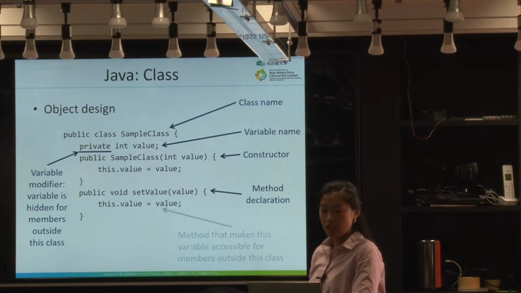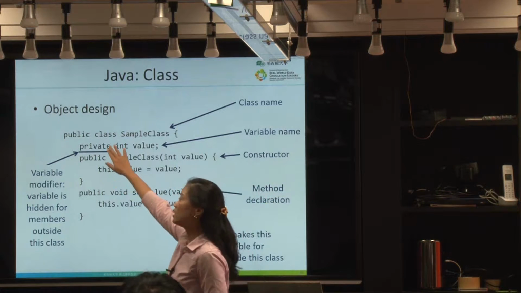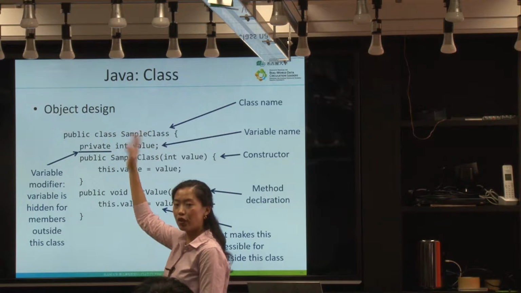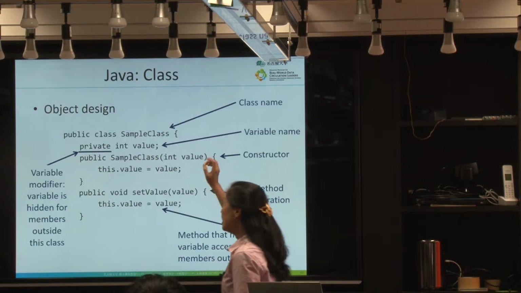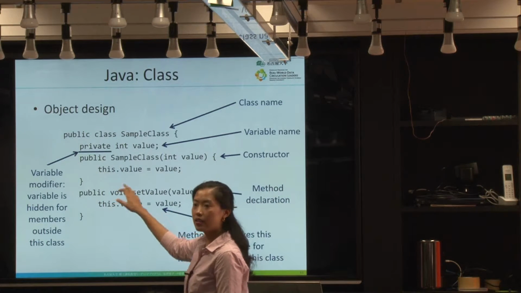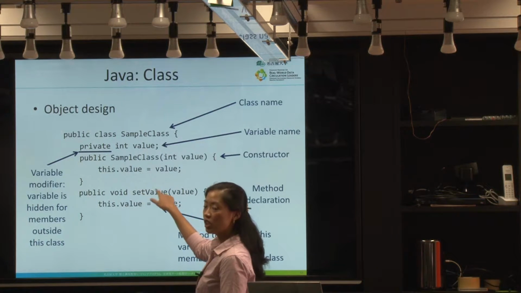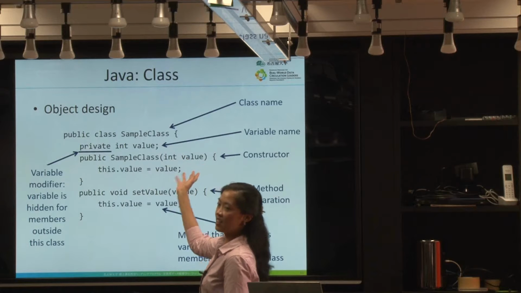However, if you set this to public, then members of other classes are able to view this. Let's say, for example, this method function is set to public, so members of other classes are able to use this function to access this class.